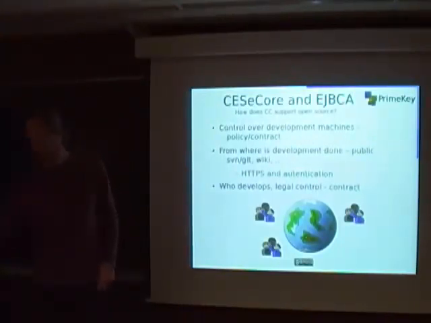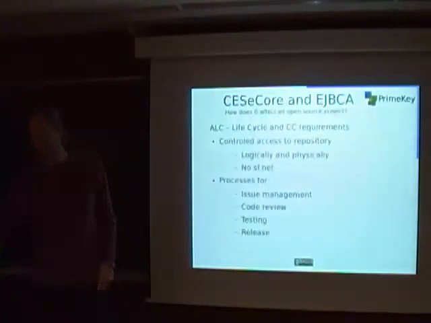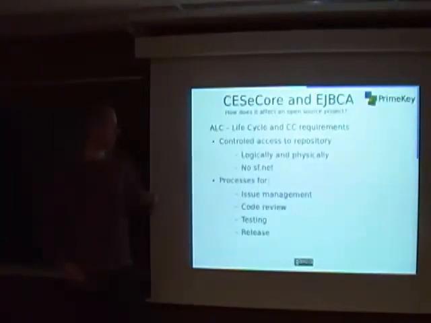That's what we have. So what affects our project the most is this ALC, life cycle, in the Common Criteria requirements. It actually requires that you have controlled access to the source code repository, which means both logically and physically.